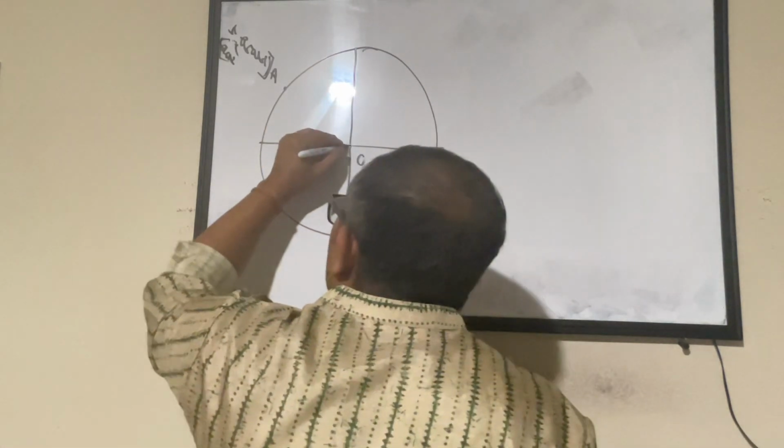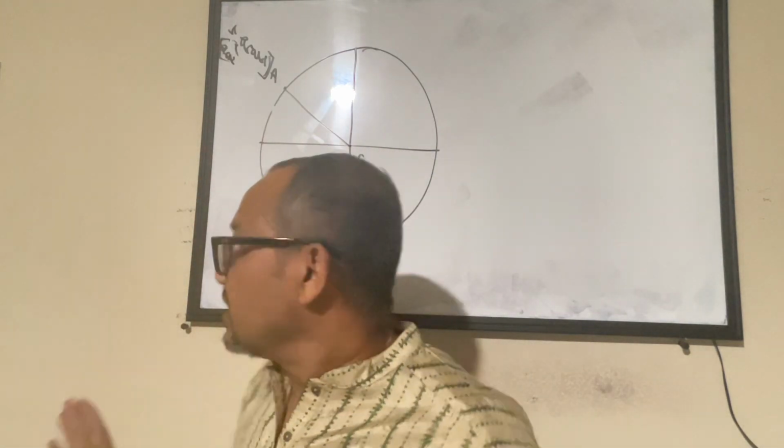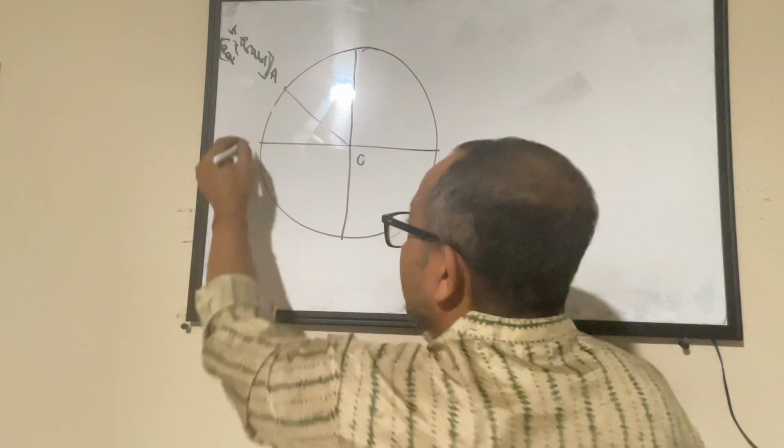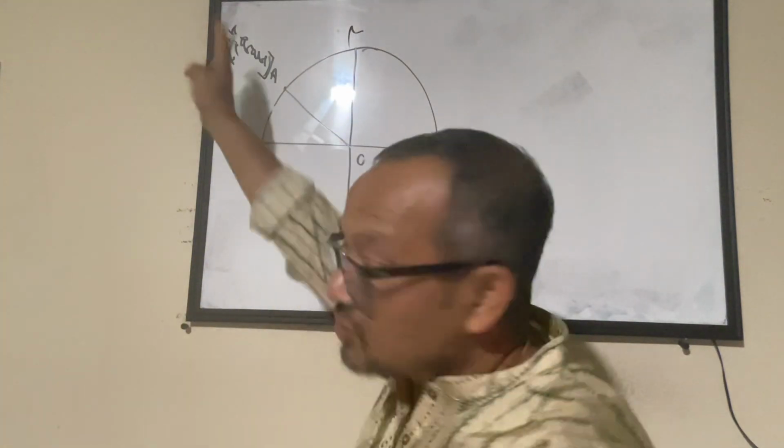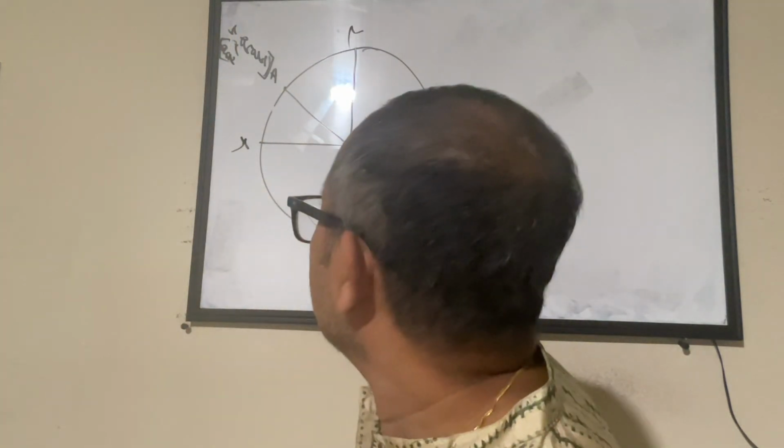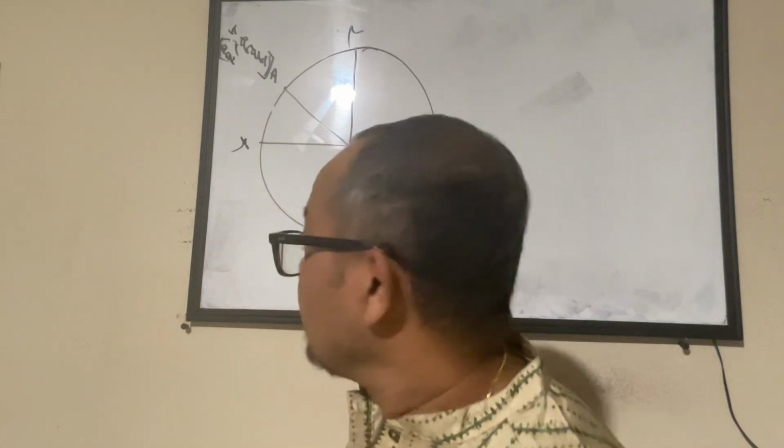I'm just joining this point with this point without knowing anything about it. This is a coordinate plane, this is my x-axis, this is my y-axis, and I don't know about all this fancy stuff. I just know that O and A is a straight line in a coordinate plane. Is that a good starting point? Everybody with me? Yes, sir.